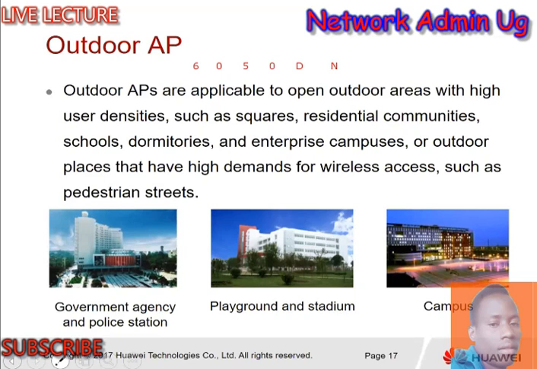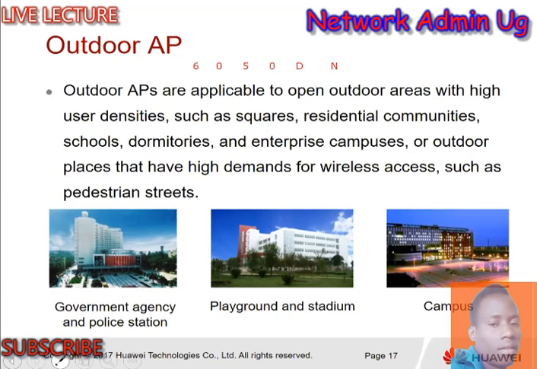The height at which you install these access points will also matter, but also if there are obstacles in that area that will cause blockages or obstruction of these signals from reaching far ends. So those are some of the factors: height, obstacles, antenna gain, transmission power, but also the antenna type.